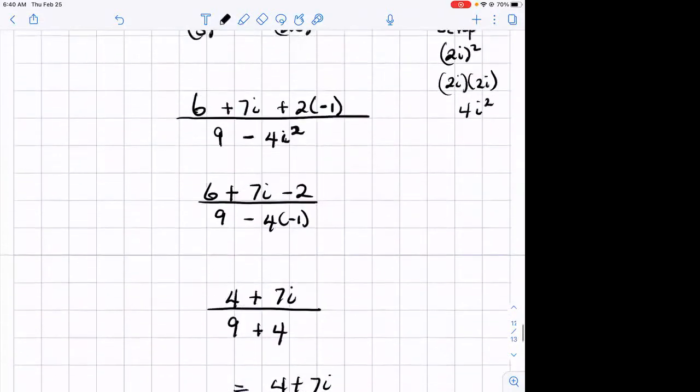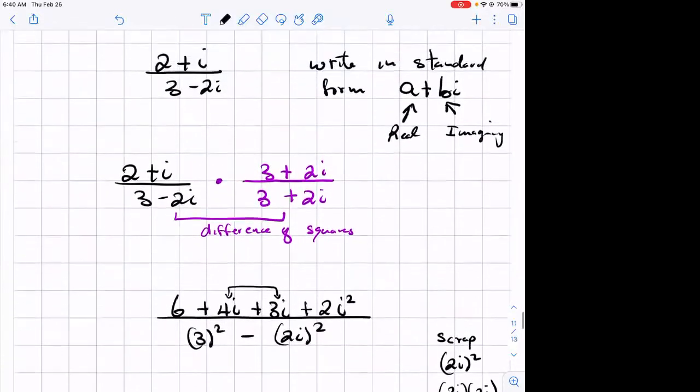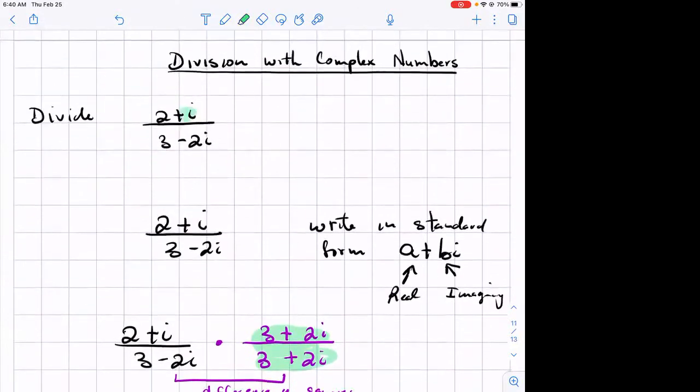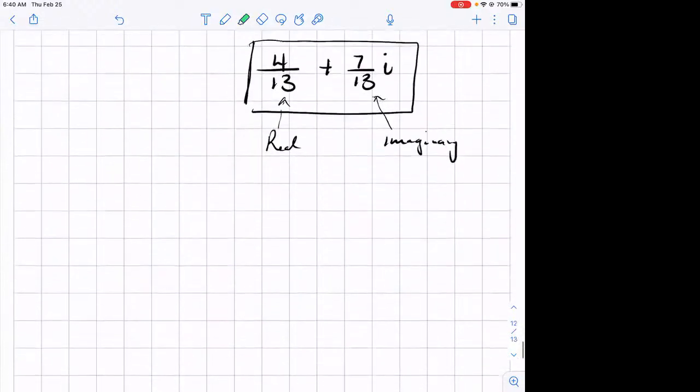Now, not in all cases will you have to multiply by the conjugate. We had to because there was no way to separate these i's from this. Every problem is different.